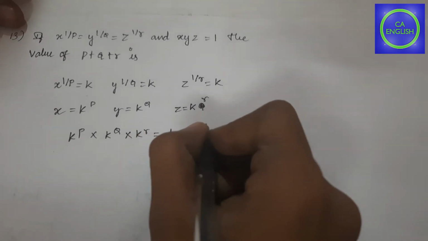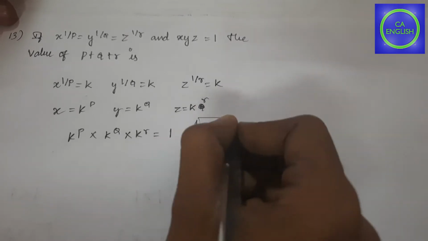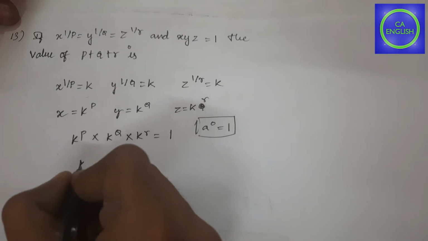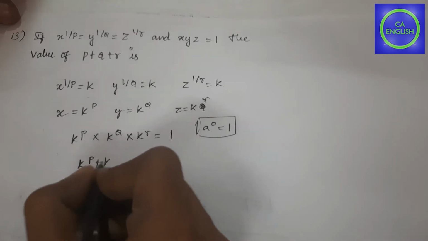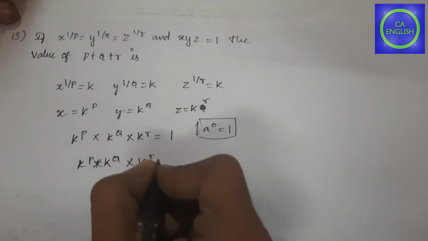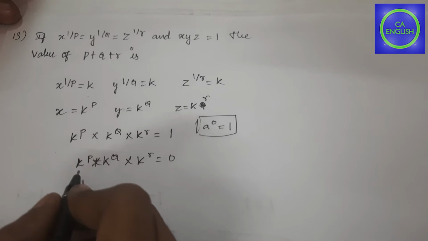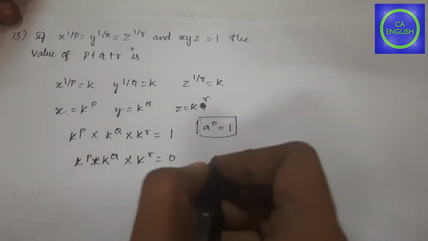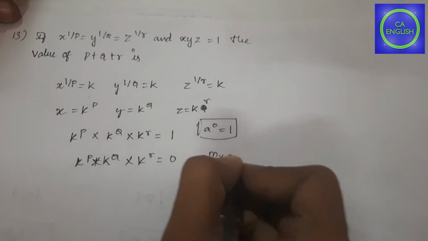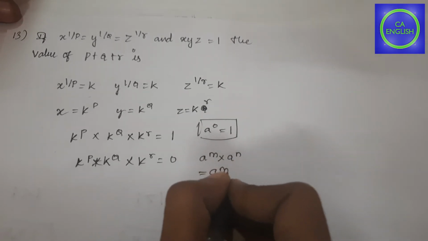According to the law, a power 0 is equal to 1. We are taking this 1 as k power 0. So k power p into k power q into k power r is equal to k power 0. Now we are going to use another law, that is a power m into a power n is equal to a power m plus n.